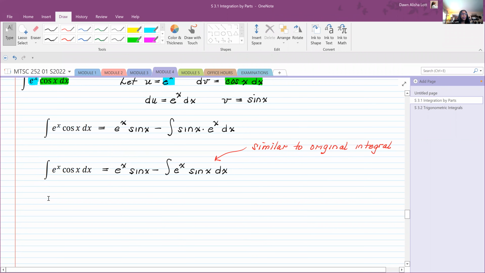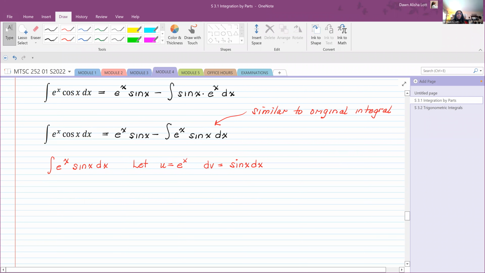Okay, so now we have a new problem: we have to find the integral of e to the x sine of x dx. So I'm going to let u equal e to the x, and I'm going to let dv equal the sine of x dx.